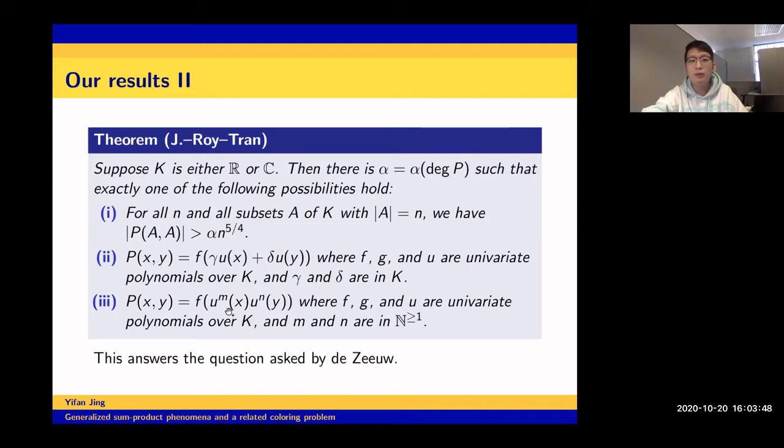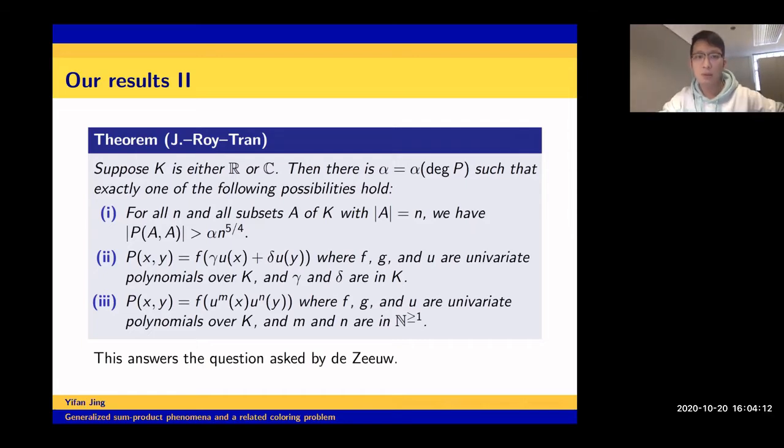And in the multiplicative form, it should also look like u(x) to the power of something times u(y) to the power of something. They should share the same one-variable polynomial. Okay. So I want to point out that this bound here is not sharp. We didn't really try to optimize this bound.